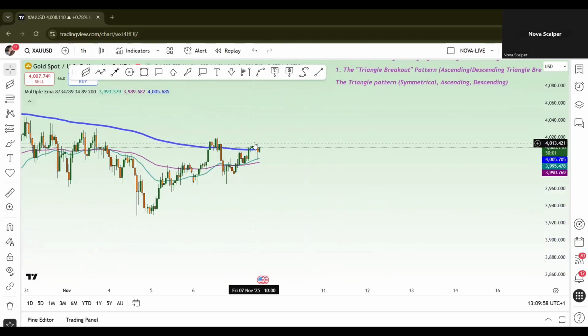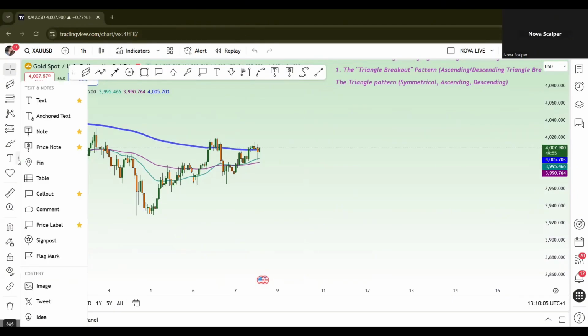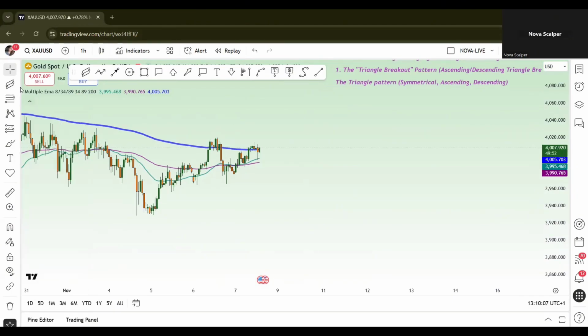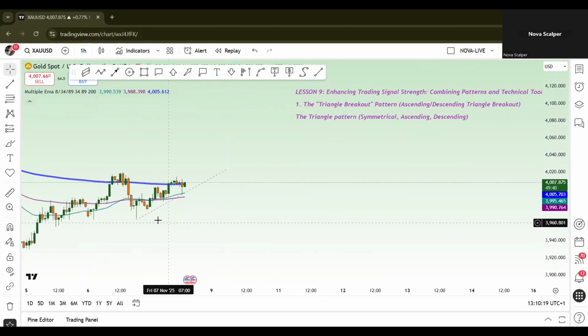Even though higher highs haven't formed yet, we can identify an upper trend and a lower trend down here by using the trend line connecting the lows together, the candlesticks that are closest together.